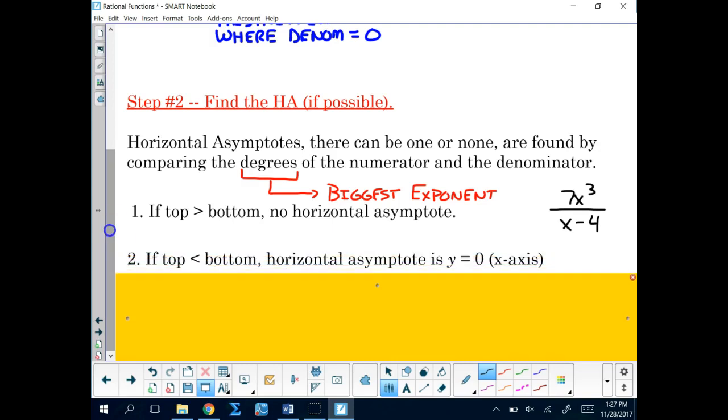Option number 2. If the bottom is bigger. So now the top is smaller than the bottom. If that's the case, y equals 0 is your horizontal asymptote.